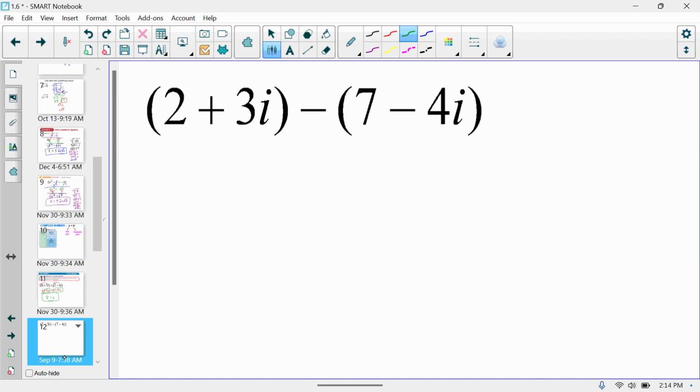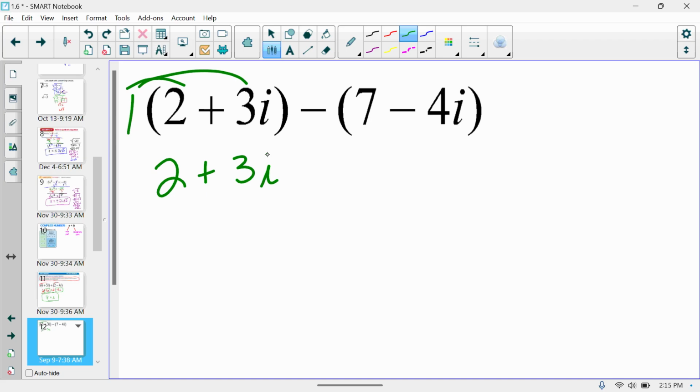So it's saying take this complex number minus this complex number. The only thing that's different about subtraction is this is still like a 1 here. So basically we can just remove the parentheses in the first quantity because 1 times 2 is still 2. 1 times 3i is still 3i.